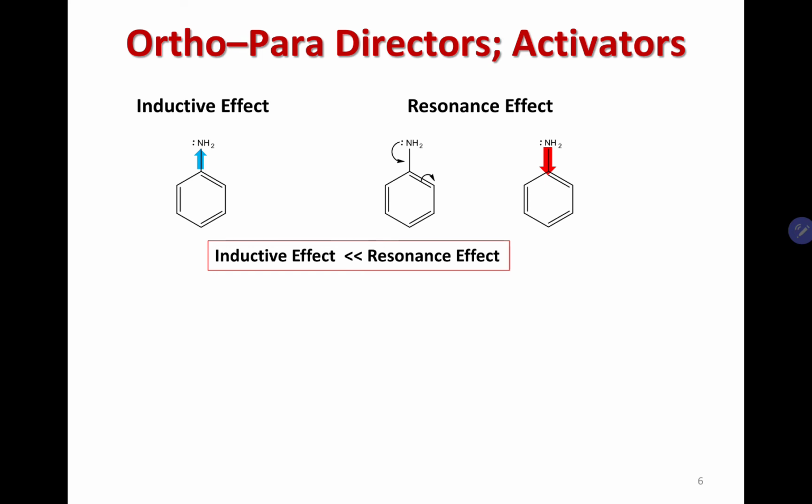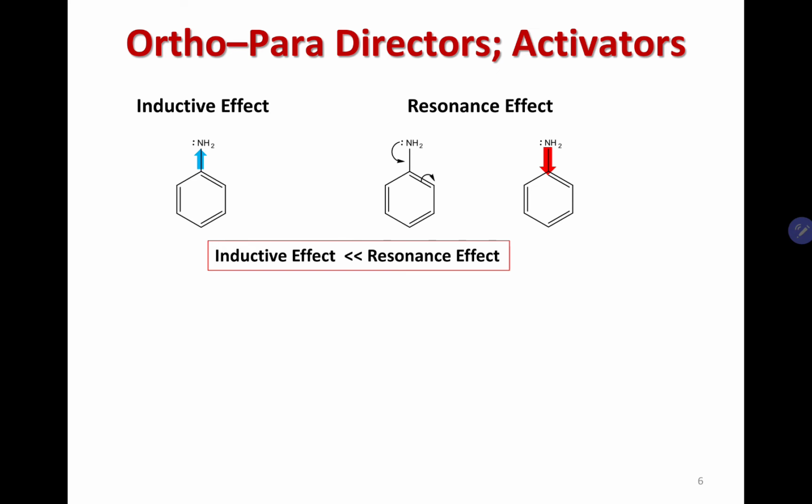By now you should be very comfortable in determining how certain substituents are activators or directors, and how they are ortho-para directors or meta directors. But in the next few minutes, what we are going to discuss is how certain substituents impact the actual electrophilic aromatic substitution reaction.